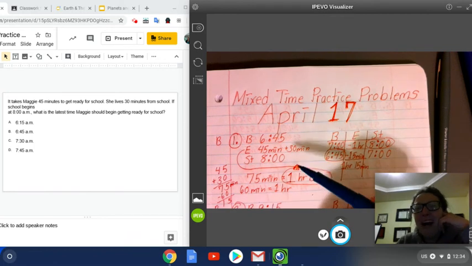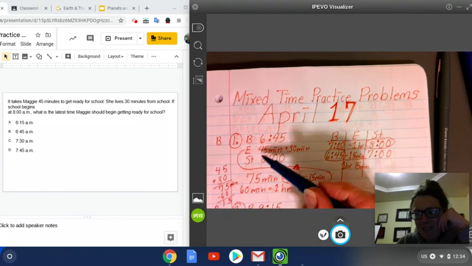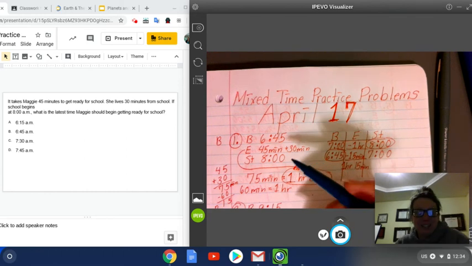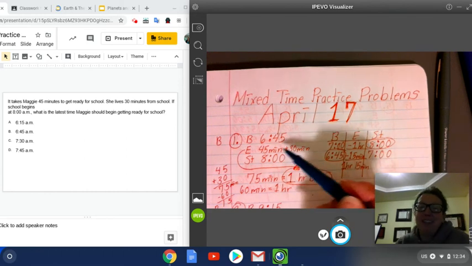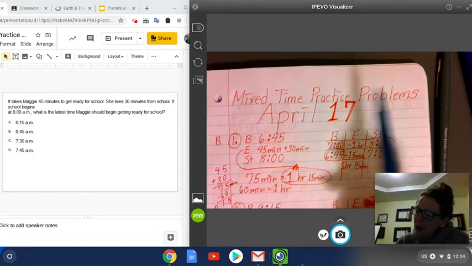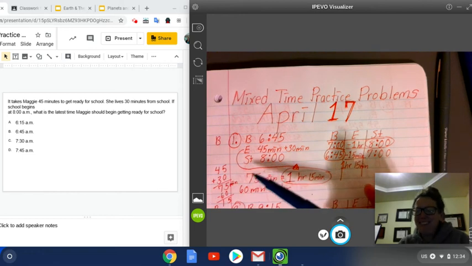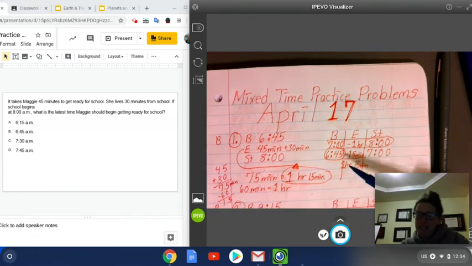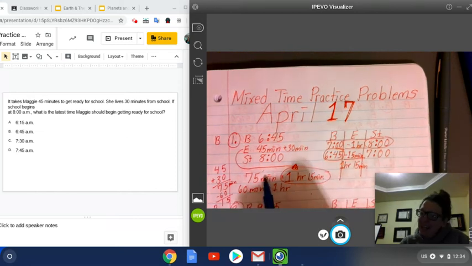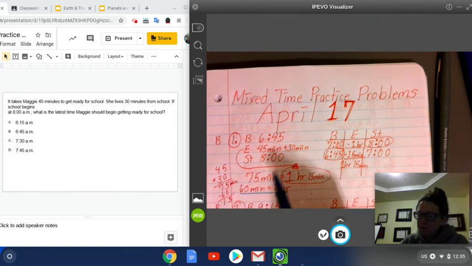So think about why I would add these together. If it takes her 45 minutes to get ready and 30 minutes to get to school, I have to make sure that I incorporate both of those. I need to add them together, right? So when I add them together, I get 75 minutes. Now I could add minutes, but there's an easier way because in that 75, we know that 60 minutes equals 1 hour.